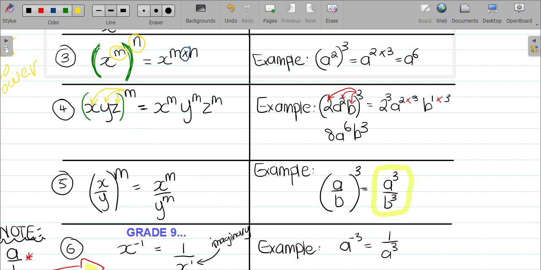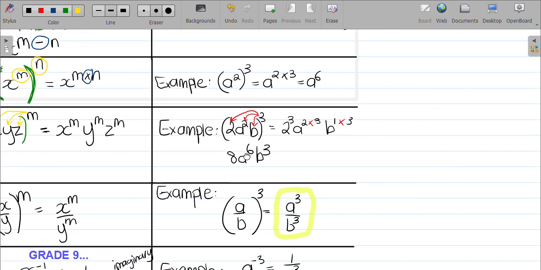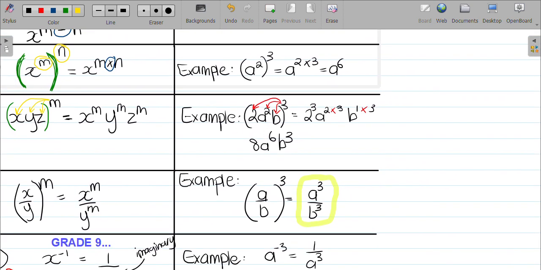So what that actually means is the x will be raised to the power of m, the y will be raised to the power of m, and the z will be raised to the power of m. So let's put that into practice. Let's look at an example. So if our question was in brackets, we have 2 a squared b close bracket all cubed.